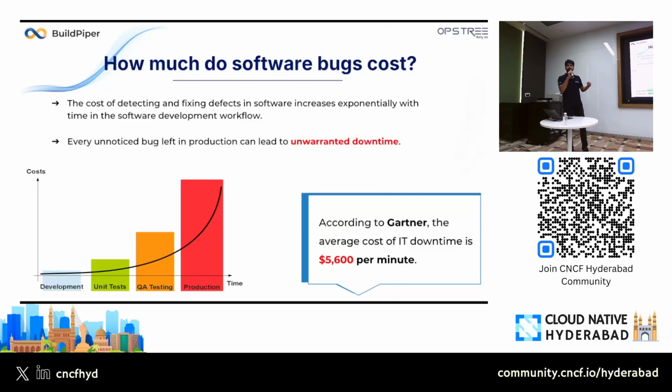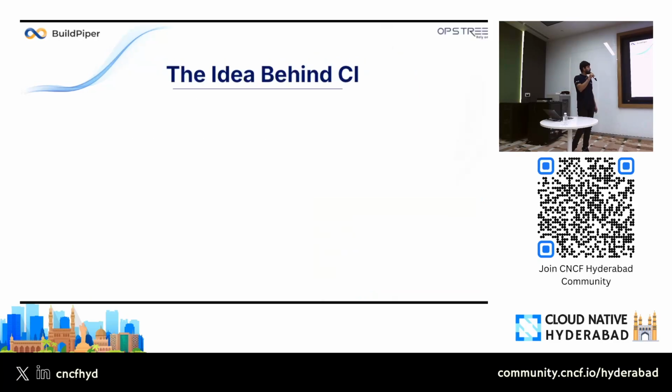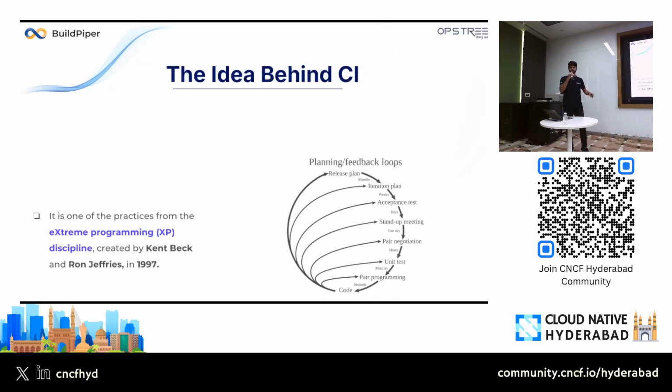So we don't want unwarranted downtime, and this is where CI came into the picture. This is not something very new. CI has been in existence since 1997, and it was coined by Kent Beck and Ron Jeffries. It was part of the extreme programming practices, and their idea was quite simple: integrate everything, integrate as fast as possible, and automate everything.